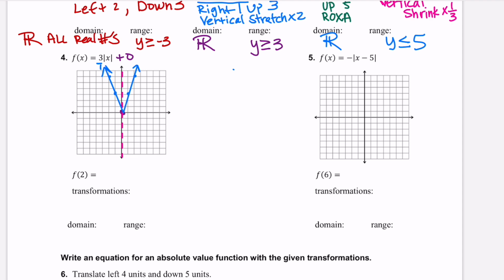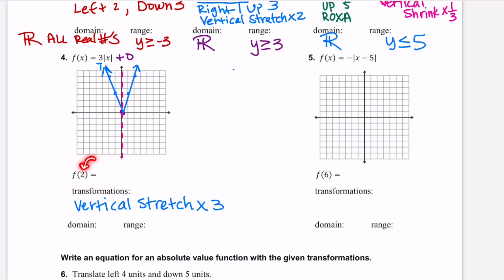Let's go ahead and write the transformations. The only transformation is there's a vertical stretch by 3.